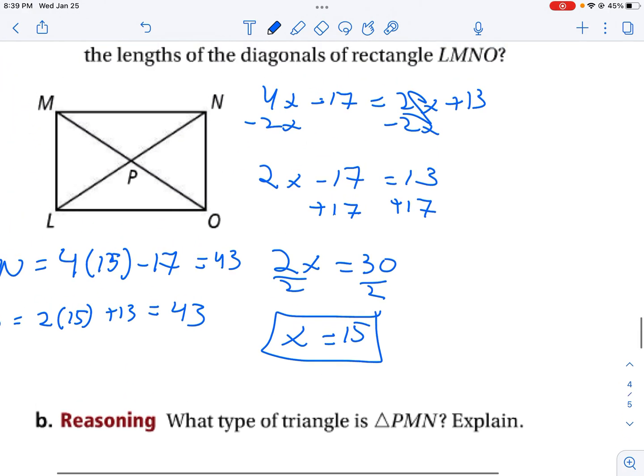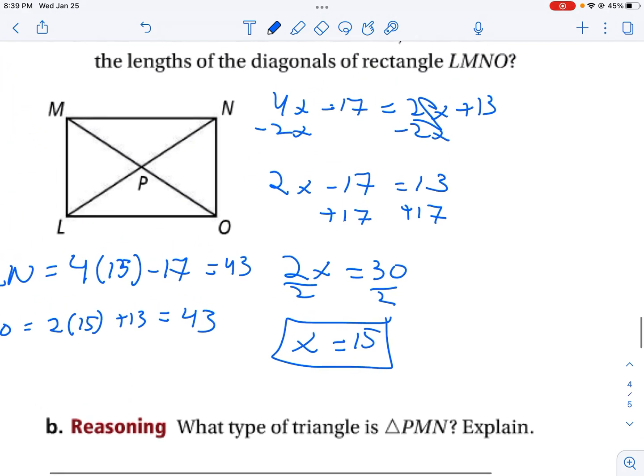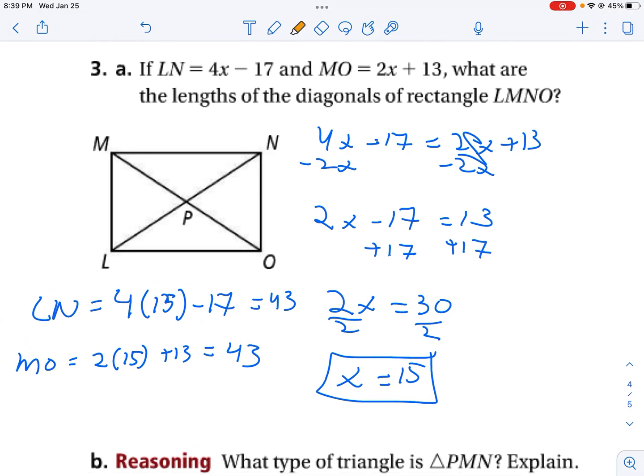And then finally, as we take a look at this last question, it's asking what type of triangle is triangle PMN? Well, we know that the diagonals in a rectangle are congruent, but don't forget it's also a parallelogram.